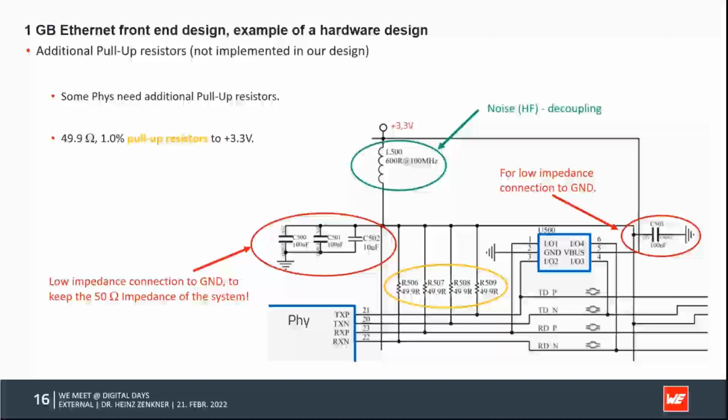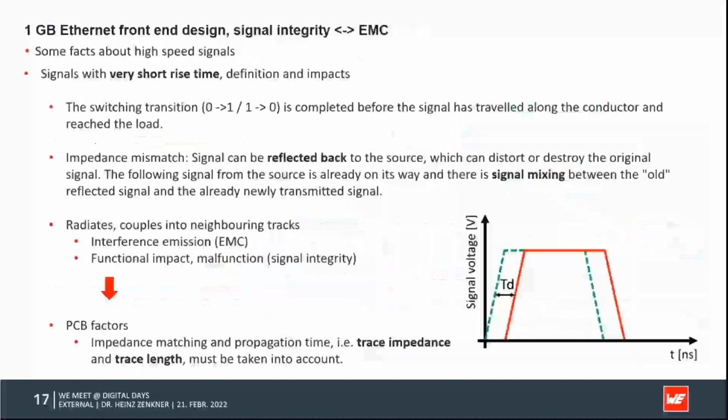And this means if we talk about matching, that must have a reason. The reason is the very short rise time of the signals, the quite high data rate we have here. So normally a signal with a very short rise time, there is a definition in high frequency design.